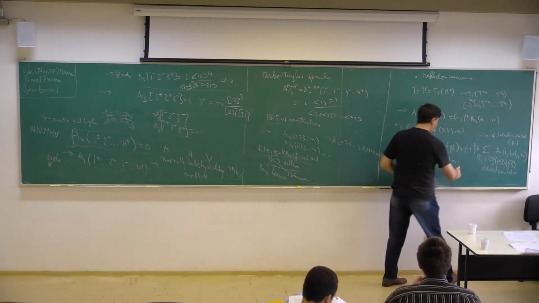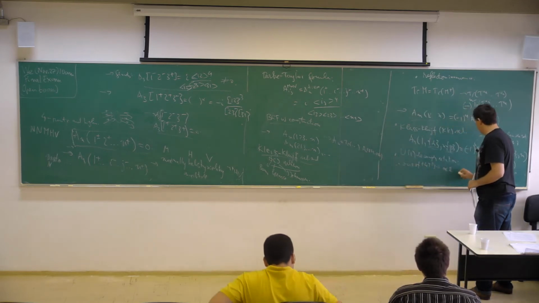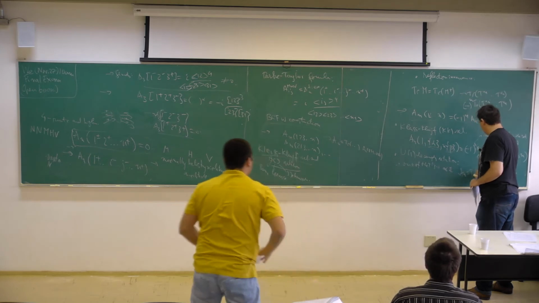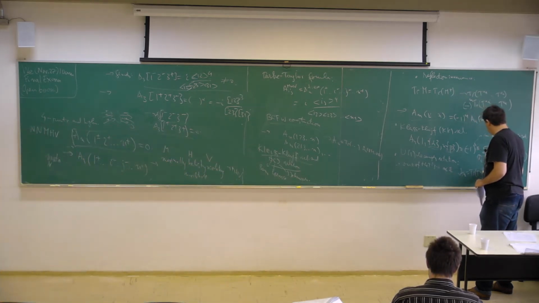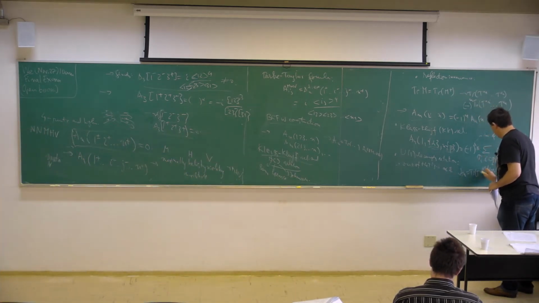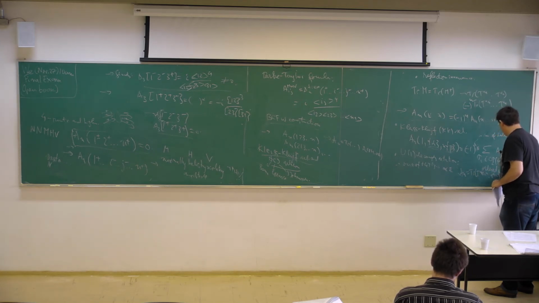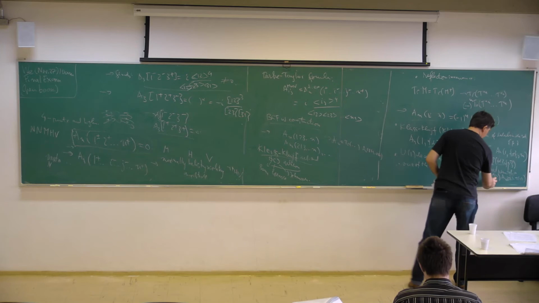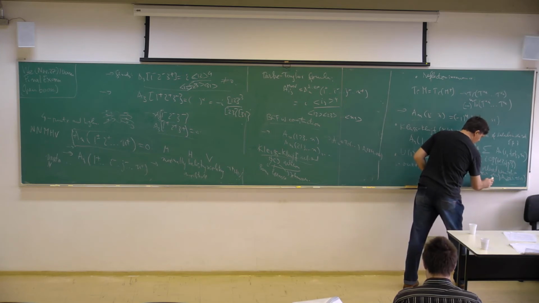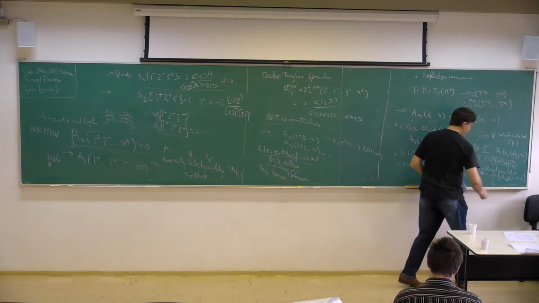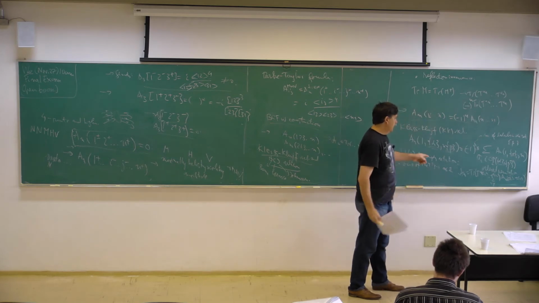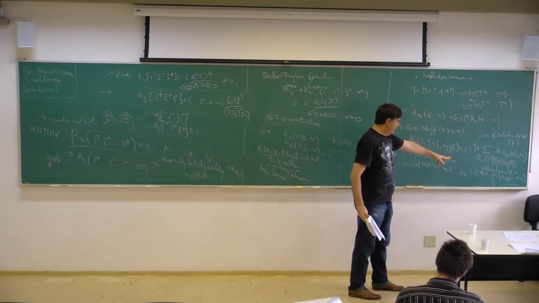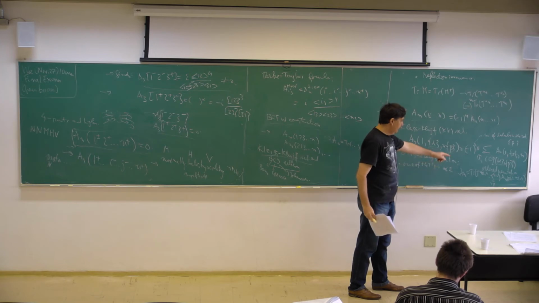So I have a trace in the full amplitude, a trace of T^{a_σ(1)} through T^{a_σ(n)}, times A_n(σ(1), ..., σ(n)). Then I take one of these to be proportional to the identity, and you get the sum over permutations.